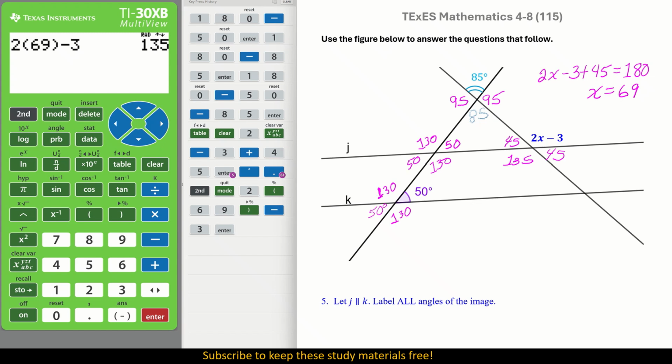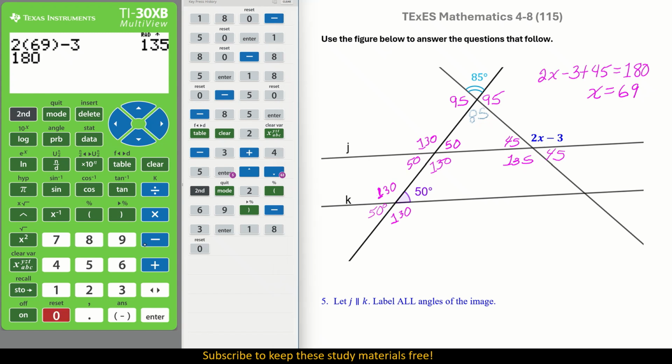Now, did we really have to go through all that? Well, you're going to see that number 6 will ask us about the value of x. However, we could have simply said 180 minus the 45 equals 135. Yes, we could have. Either way, we would still have to solve for the value of x.